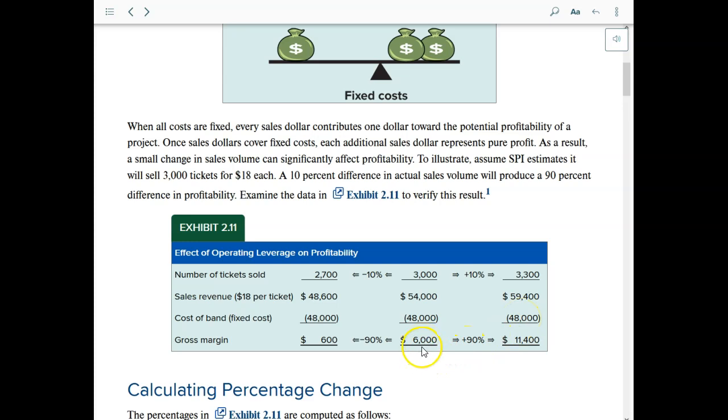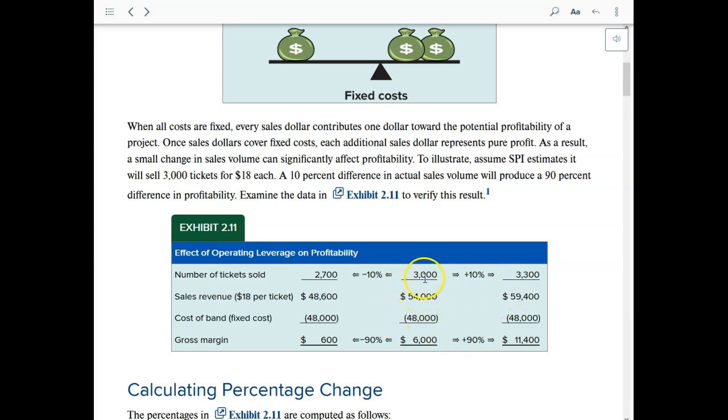It went up from 6,000 to 11,400, a 90% increase in gross margin. So look at this. Sales revenue went up 10%. Gross margin went up 90%. See, that's leverage because we have a lot of fixed costs here. In fact, our only cost structure is fixed right now.